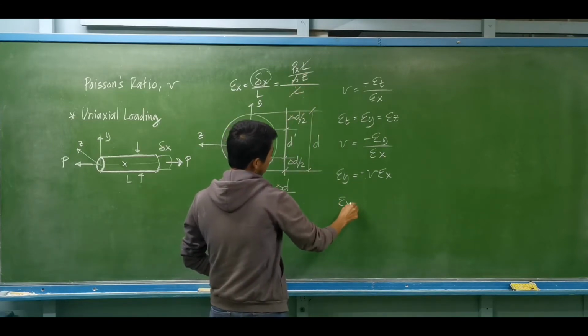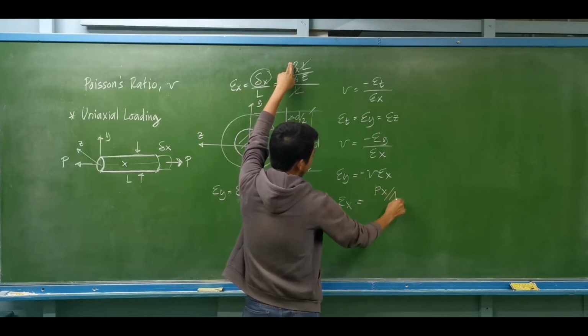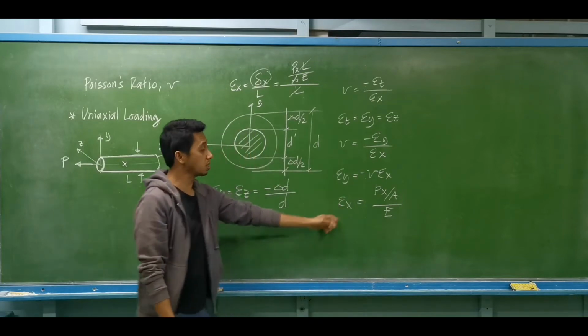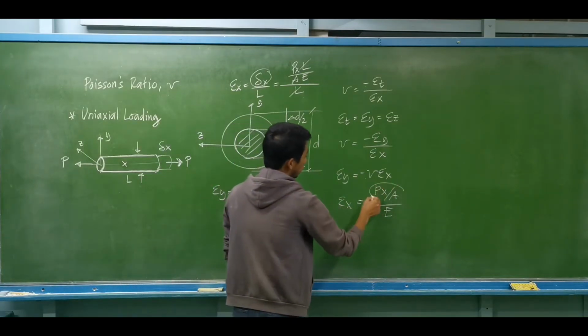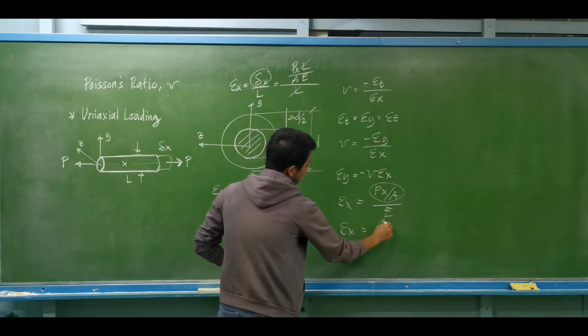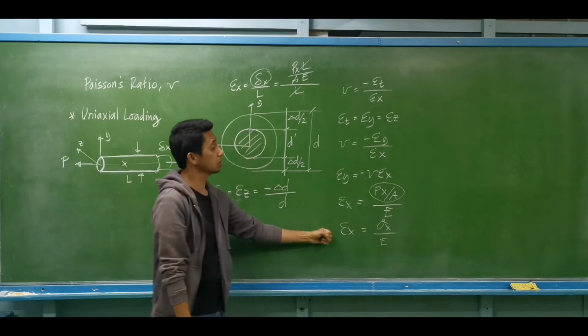So the strain along x is the force along x divided by the area, divided by the modulus of elasticity. What is force over area? Force over area is the stress along x, divided by the modulus of elasticity.